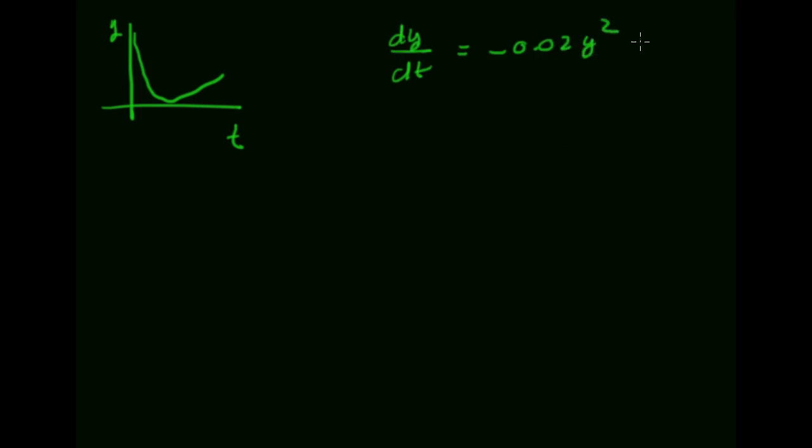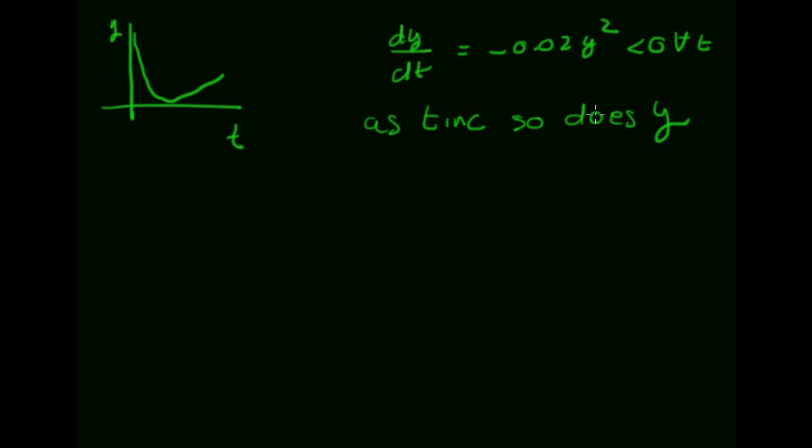Since y squared is always positive, this thing is always negative, regardless of what t is. So that means that as I'm going from left to right, as t increases, so does y.